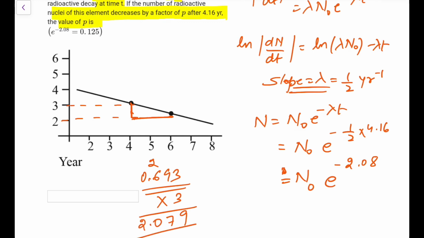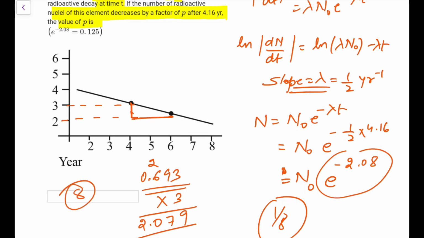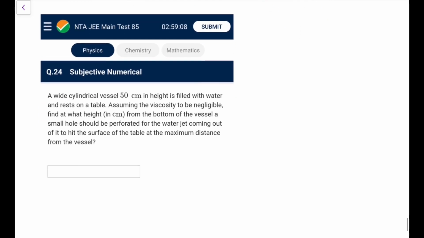So this is basically 3 half-lives that we are getting, so it will become 1/8. So directly you can say the value of P is 1/8, or you are given e to the power minus 2.08, take it as 0.125. I was solving it, no need for it, it was given directly, so it decreases by a factor of P, that is, it becomes 1/8, so the answer would be 8.